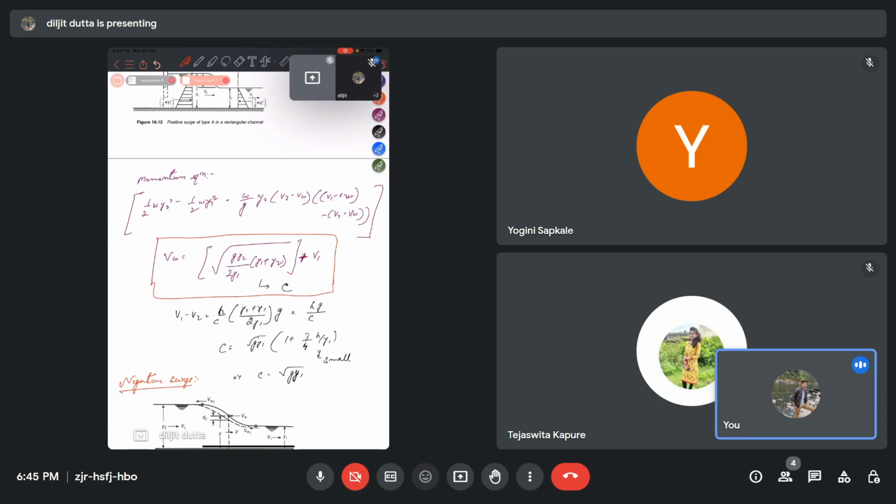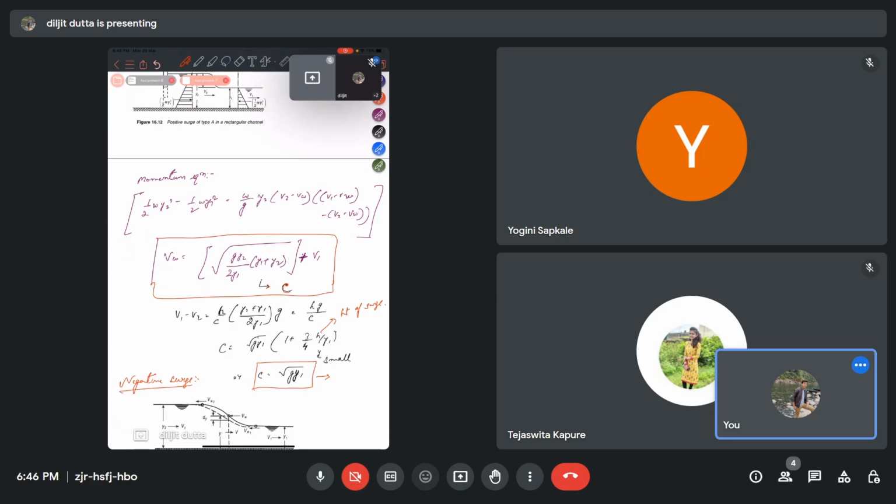Under the root of g Y2 by 2 into (Y1 plus Y2) by Y1, plus V1, and this whole term is called C. C means the celerity of the wave, that is, the surge wave. One special condition is when the height of the surge, h, is extremely small compared to the total depth of the flow.